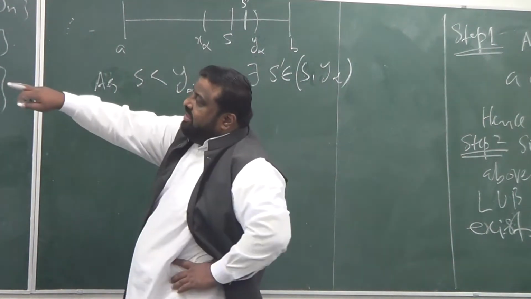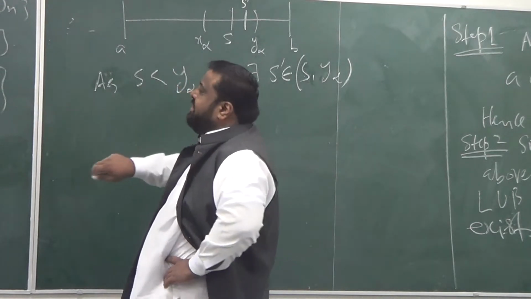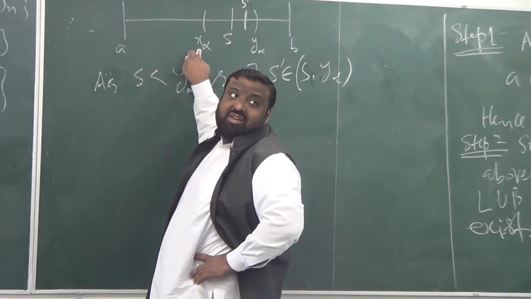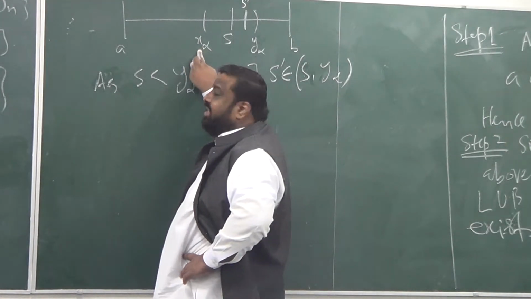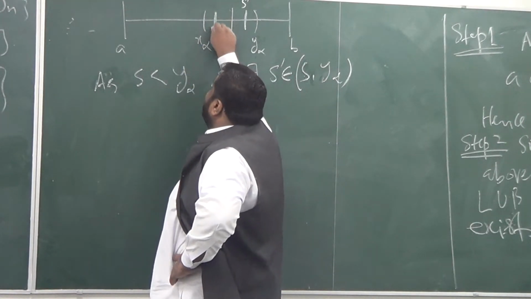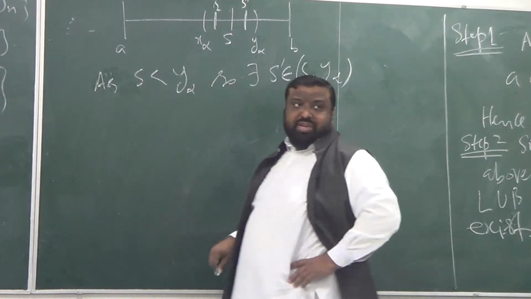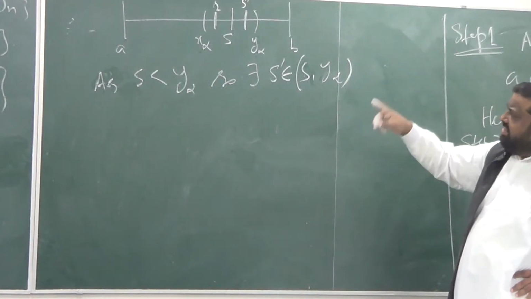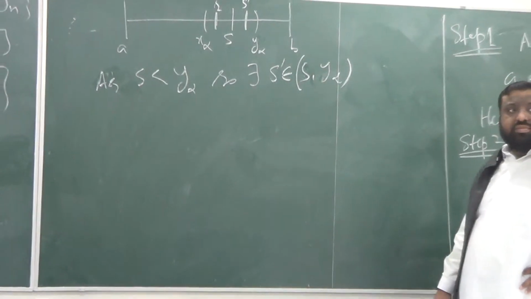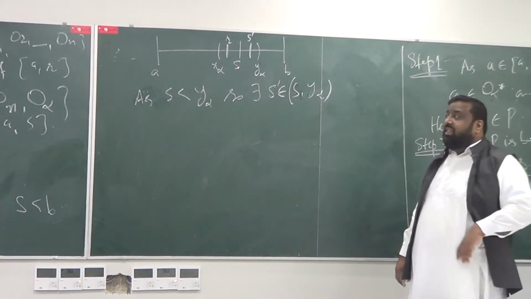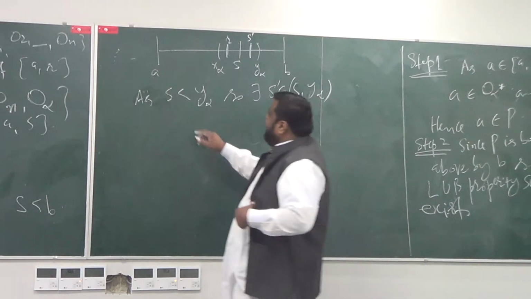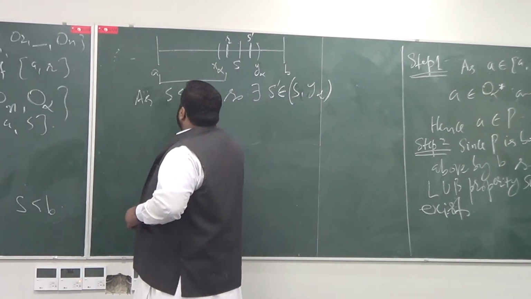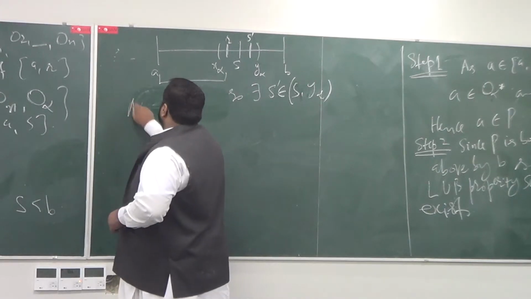So see, the previous picture is still valid. So if S is supremum and X is smaller than S, then I can find R in the interval X and S, such that from A to R, I have a finite subcover.